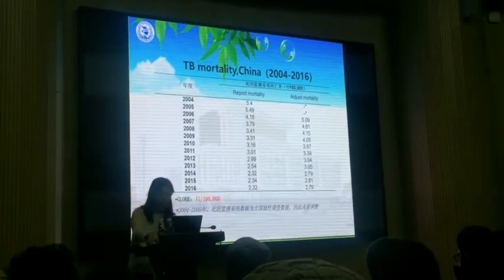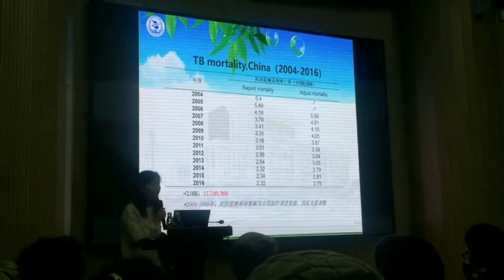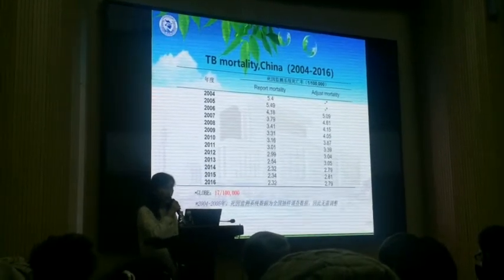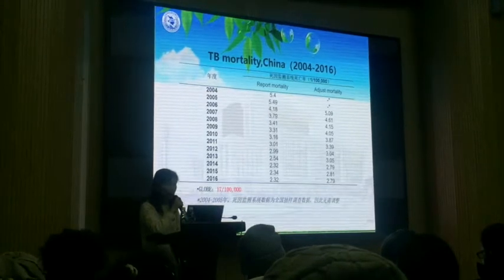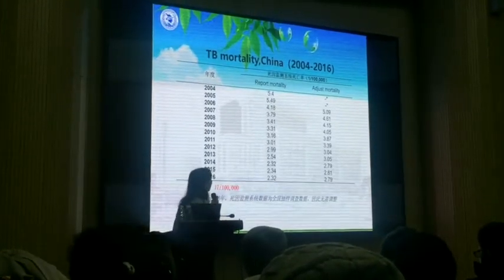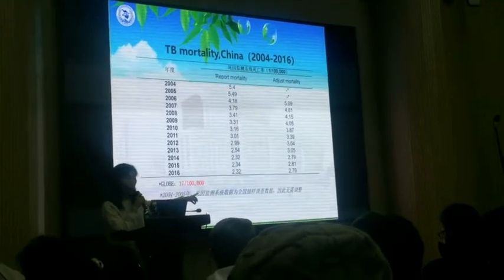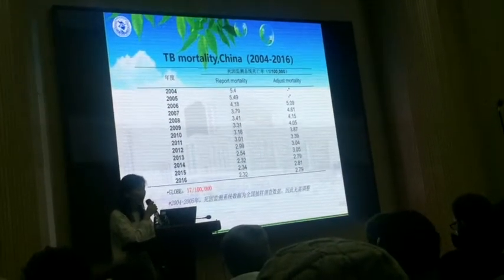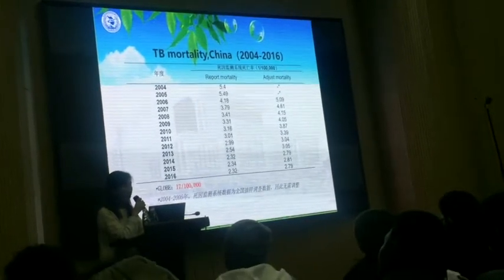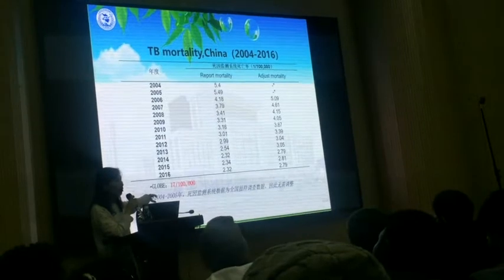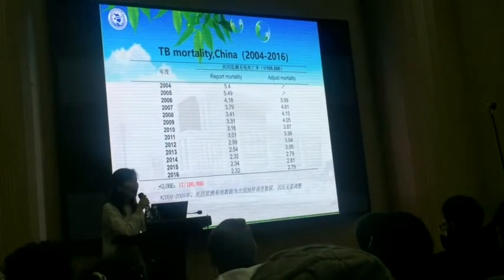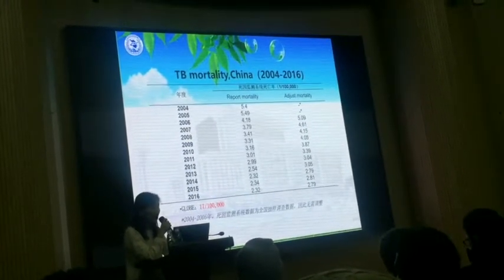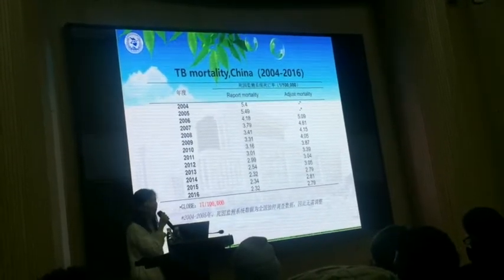And this slide shows the TB mortality of China, and we can see the mortality of TB in China from 2004 to 2016 is decreasing, and now it is about 2 per 100,000.